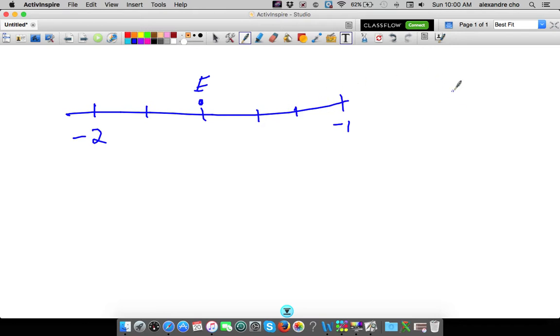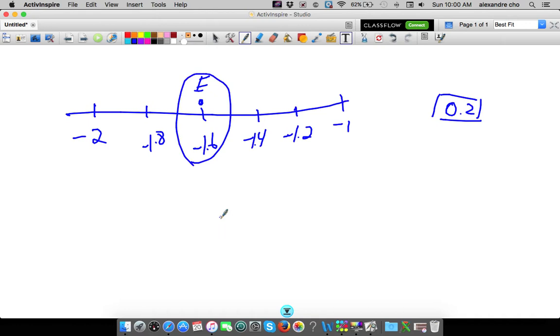So if you divide 1 by 5, you're going to have a 0.2 scale here. Think of dollars: -1, -1.2, -1.4, -1.6, -1.8, and -2. So E, definitely letter B.